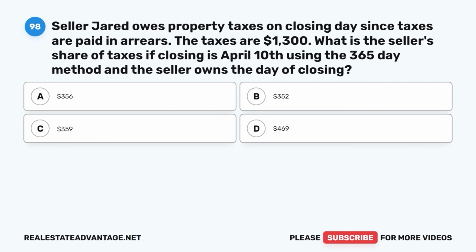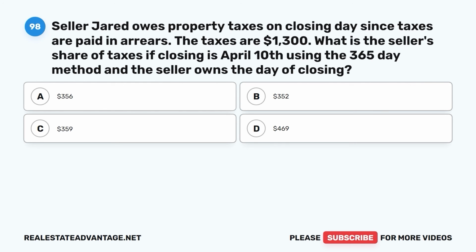Question 98. Seller Jared owes property taxes on closing day since taxes are paid in arrears. The taxes are $1,300. What is the seller's share of taxes if closing is April 10th using the 365-day method and the seller owns the day of closing? A. $356. B. $352.